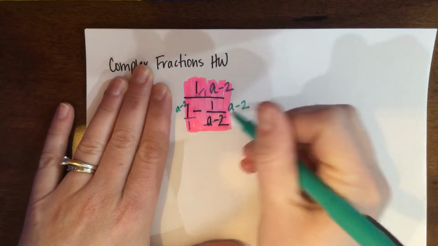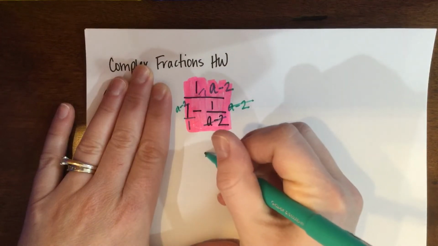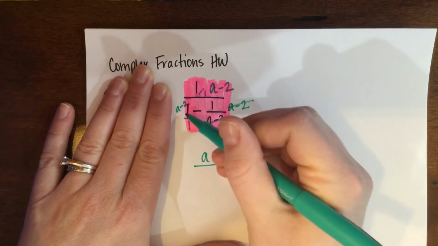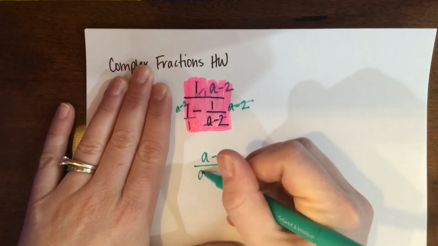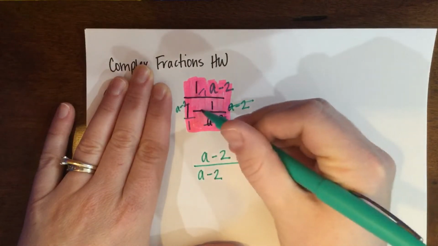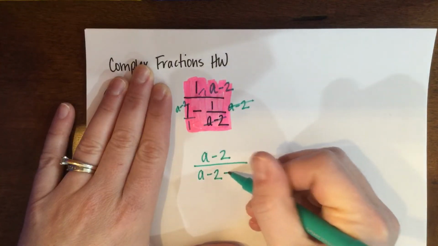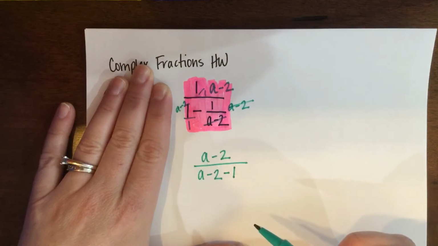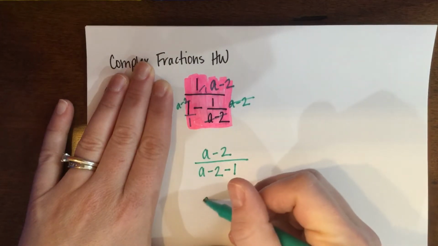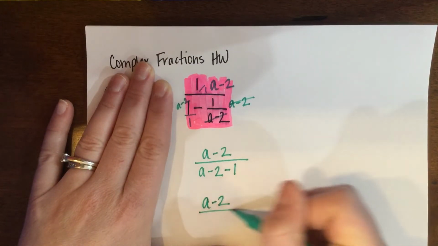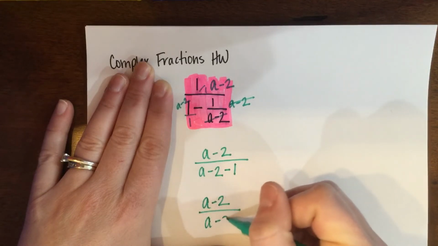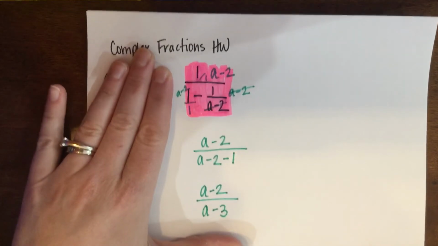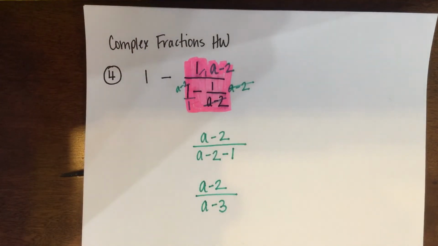I'm going to be left with the expression a minus 2 over, this term's going to give me a minus 2, and then this one, the a minus 2 is canceled, minus 1. So when I simplify just this pink portion of this expression, I'm left with the expression a minus 2 over a minus 3. So now that I have that done, I'm going to bring back in that 1 minus.